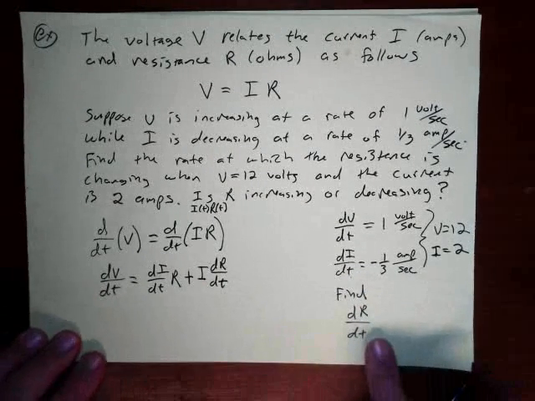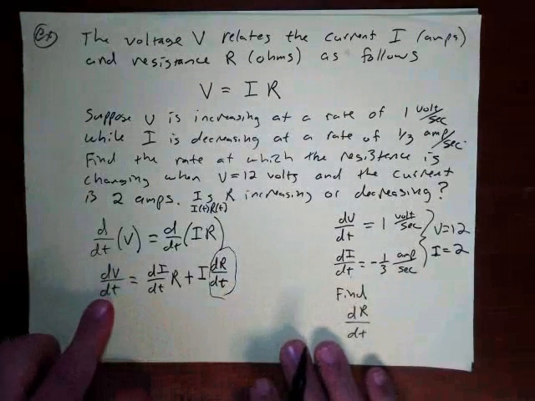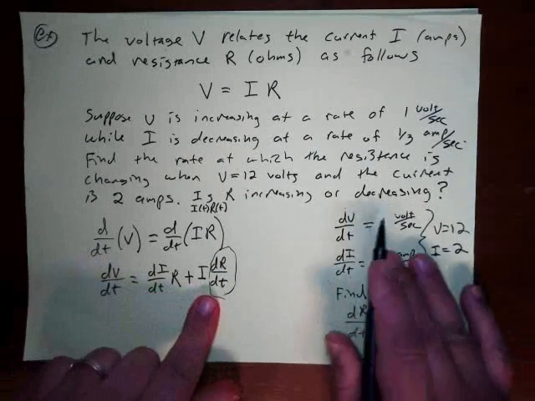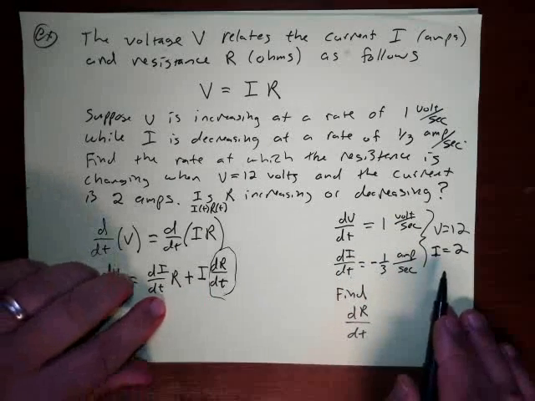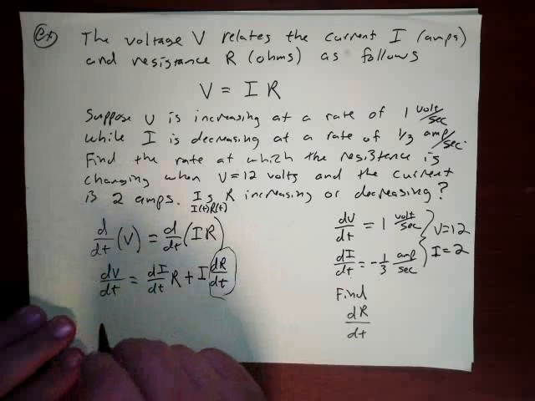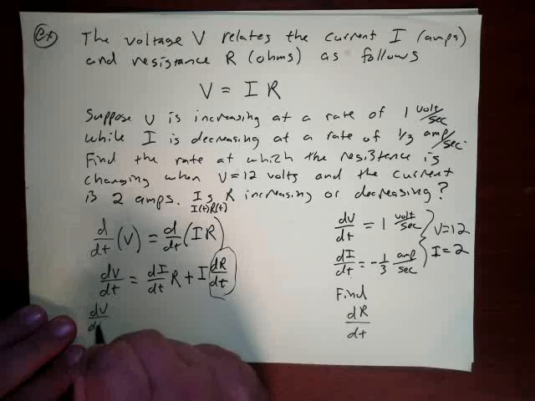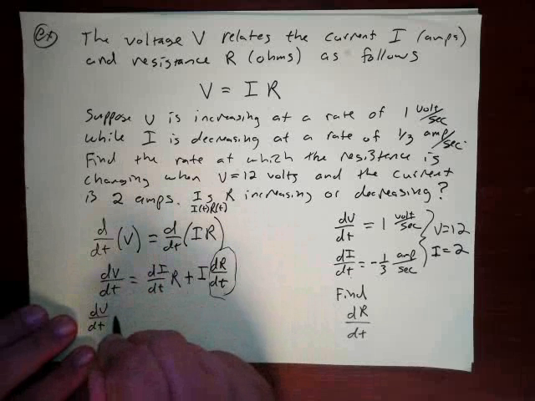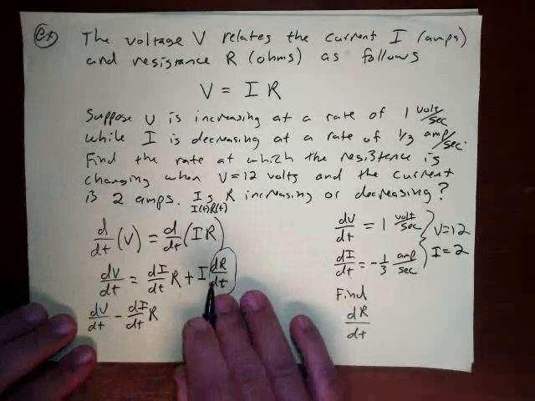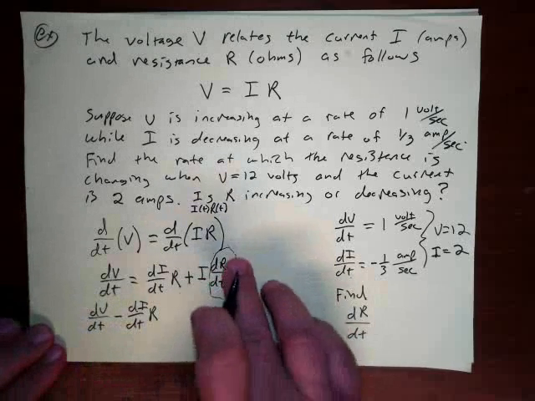And so I'm given this equation here. What I want to do is find dR/dt. I'm given dV/dt, I'm given dI/dt, I'm given R and I, I'm given everything else. So I'm going to solve this for dR/dt. If I do that, I'm going to have basically dV/dt, and I'm moving this to the other side, minus dI/dt times R, and then I need to divide by I to get dR/dt by itself.